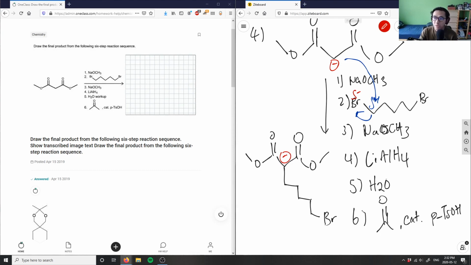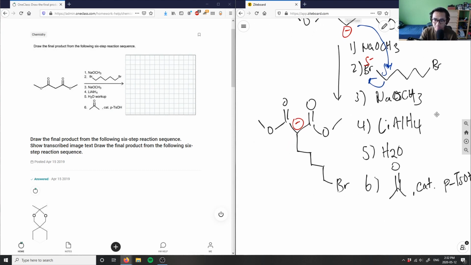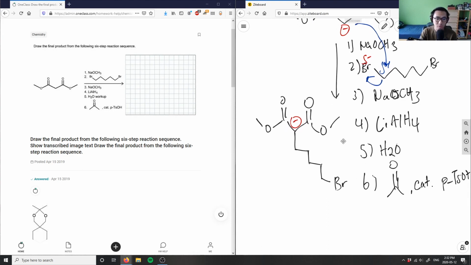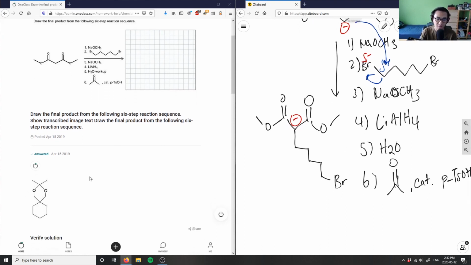Then I'm going to use lithium aluminum hydride to reduce this compound. When I reduce it, I'm going to start making this cyclic group. If I reduce this compound, I'm going to basically eliminate these ester groups.